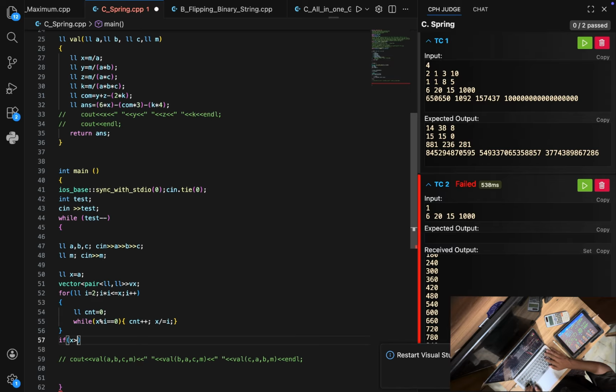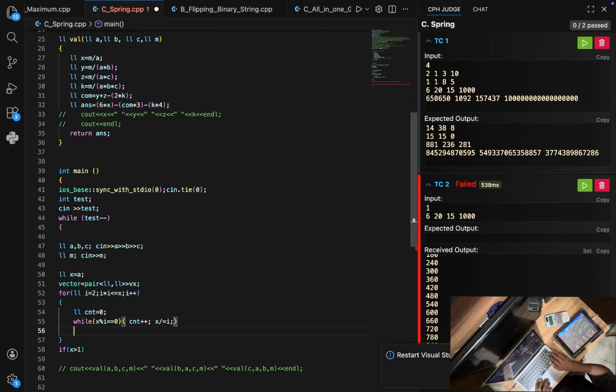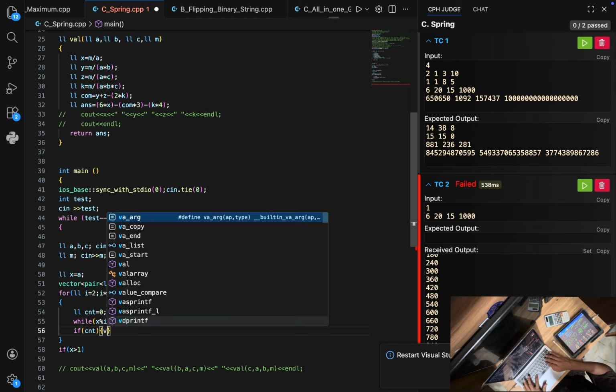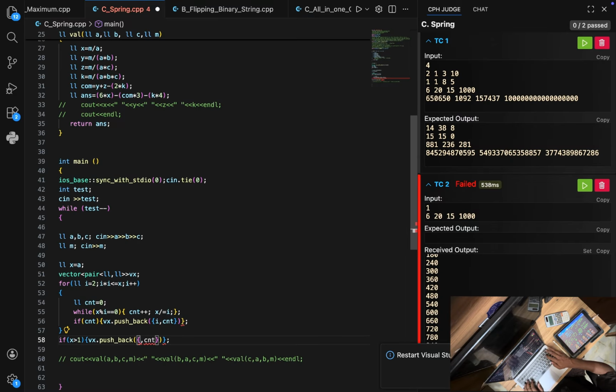If x greater than 1, if count vx dot push_back x comma i comma count, x comma 1.